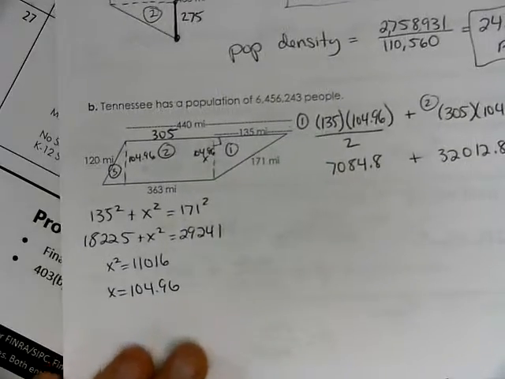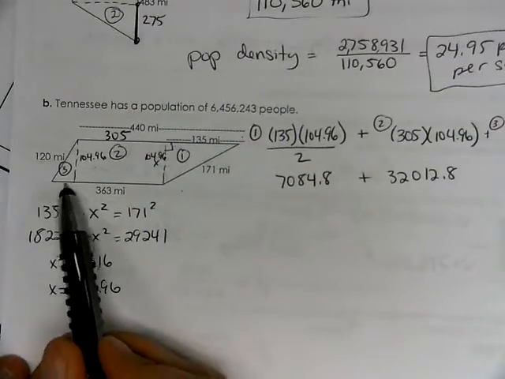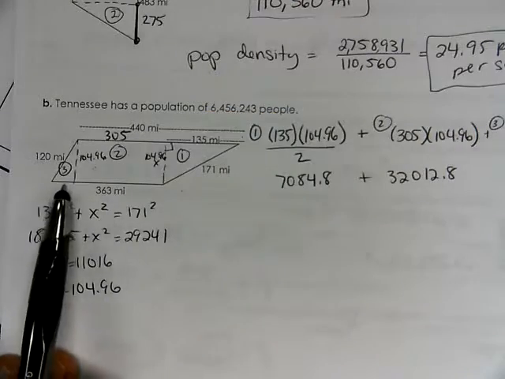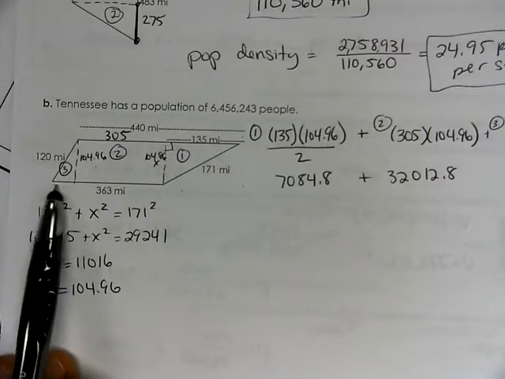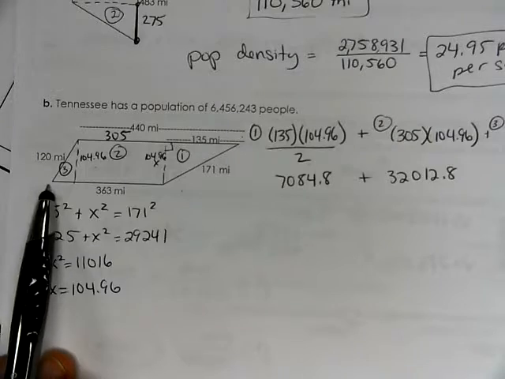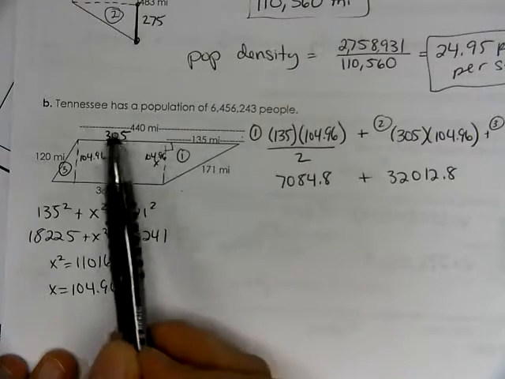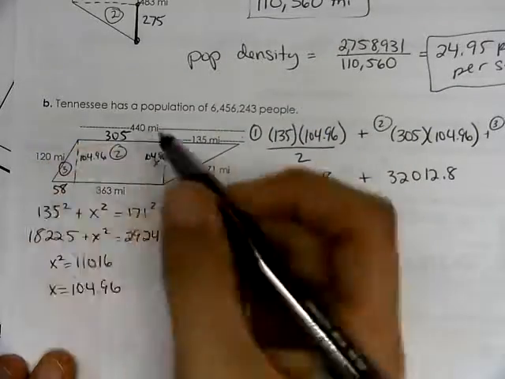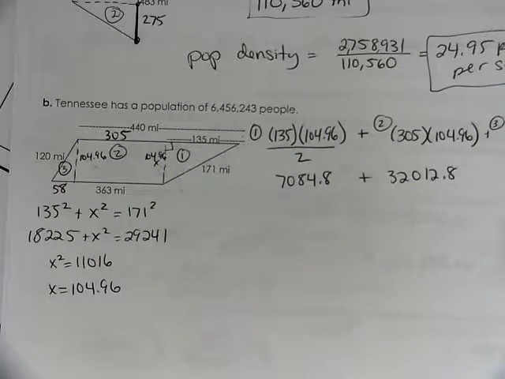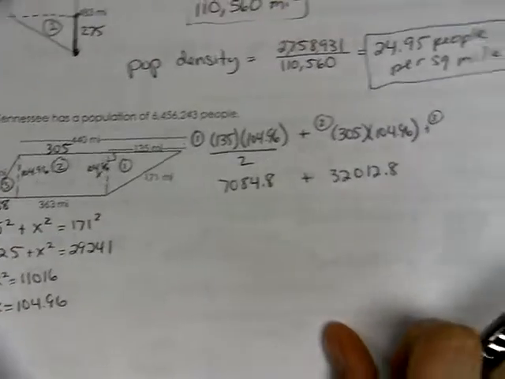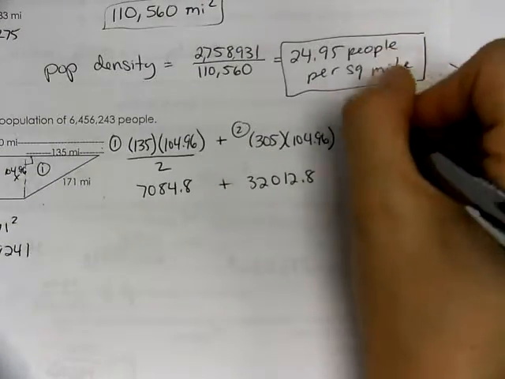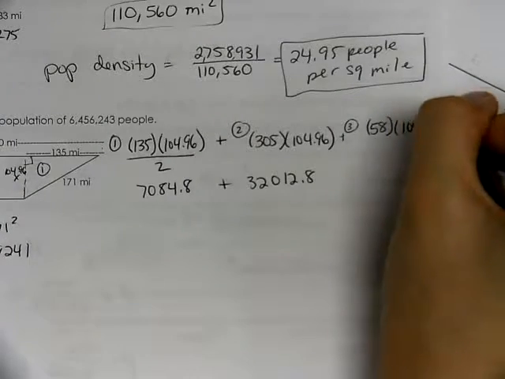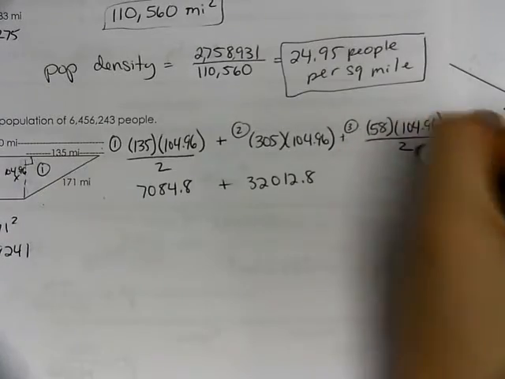Now, the third triangle, the height is 104.96. What do you think the base of this little guy is? 58, because it's the 363 minus the 305. See how that works? We don't even need the 120. So triangle 3 is going to be 58 times 104.96 cut in half.